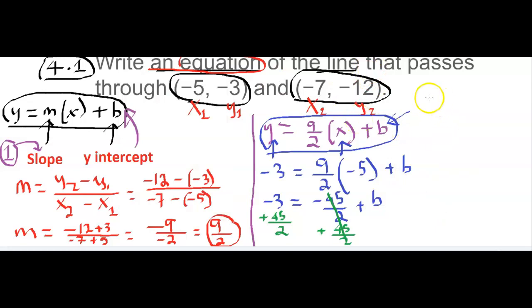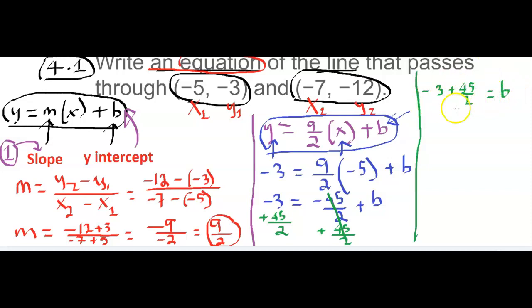So now I have -3 plus 45/2 equals b. Now I need to solve for b.